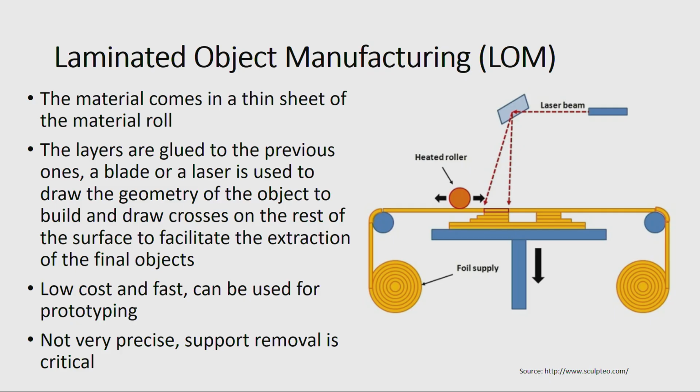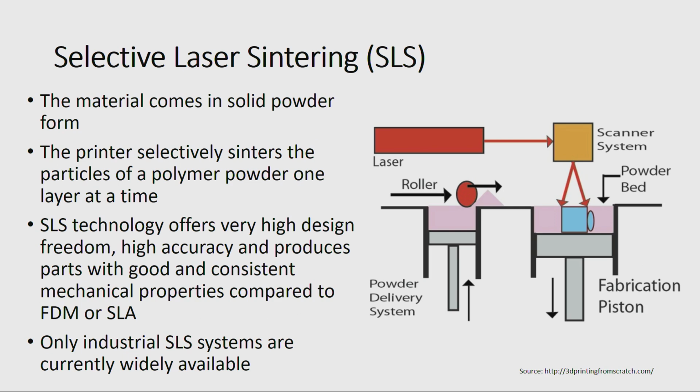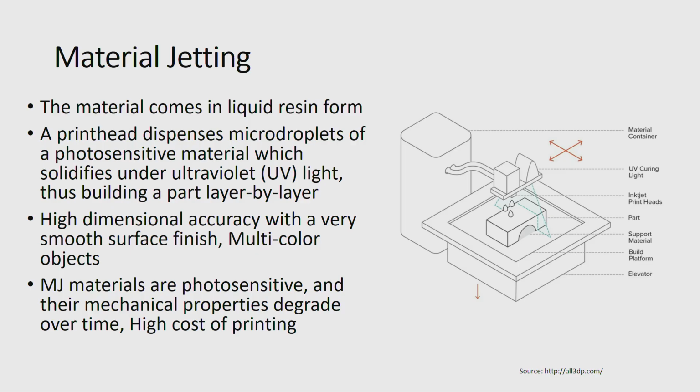Next there is a combination of material jetting and selective laser sintering. That means instead of using a laser pointer to heat the material, micro droplets of glue are dispensed onto the material.